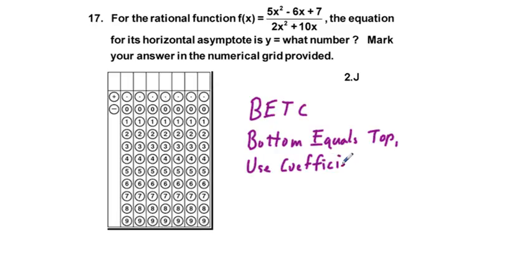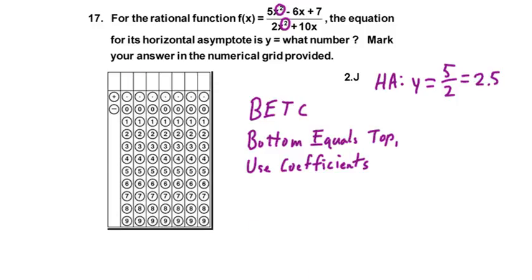Specifically, when it says bottom equals top, what that means is the power. The power of 2 is the highest power in the numerator, and the power of 2 is the highest power in the denominator. So our horizontal asymptote is going to be y equals the coefficients, 5 over 2, which simplifies to 2.5.